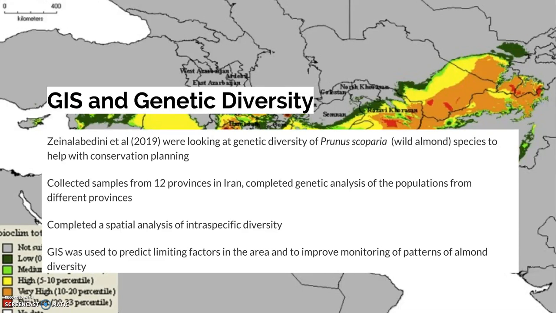Then they were able to use a spatial analysis and the genetic analysis together to look at intraspecific diversity, so just how much genetic diversity there was within this almond species. And then they were able to use GIS to predict different limiting factors in different areas, and to help improve monitoring of the almond diversity.